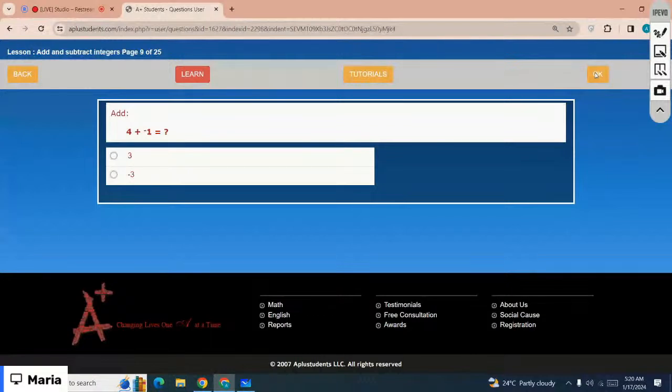Four plus negative 1 equals, yes, that is 3.